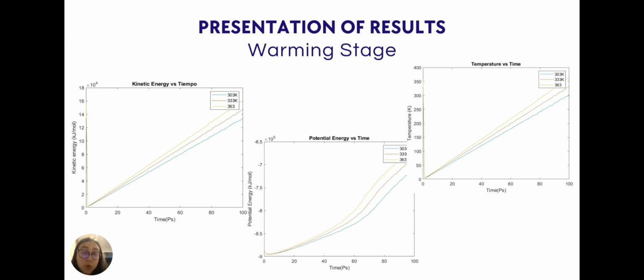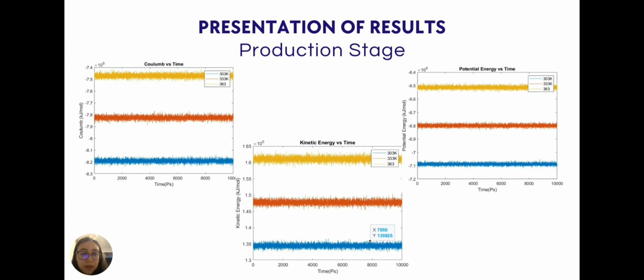So we have three graphs: kinetic energy versus time, potential energy versus time, and temperature versus time. Kinetic and potential energy are in units of kilojoules per mole, and time is in picoseconds. Temperature is in Kelvin, and time is also in picoseconds.